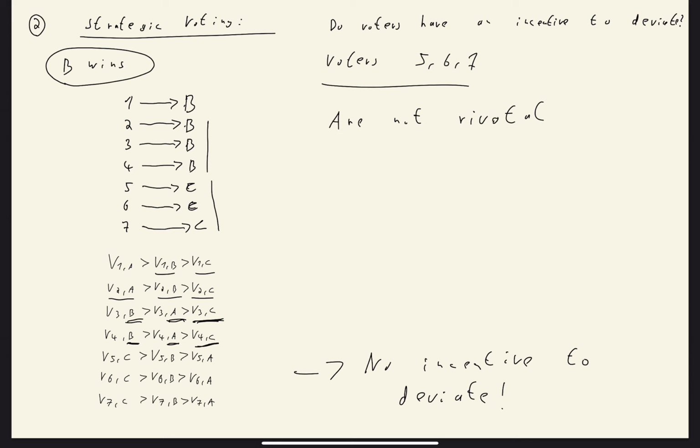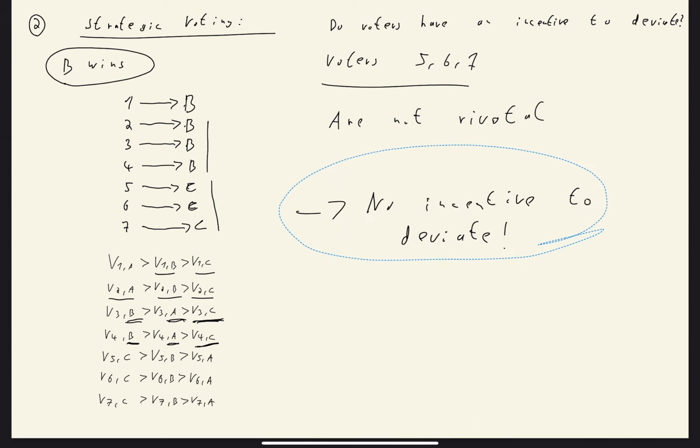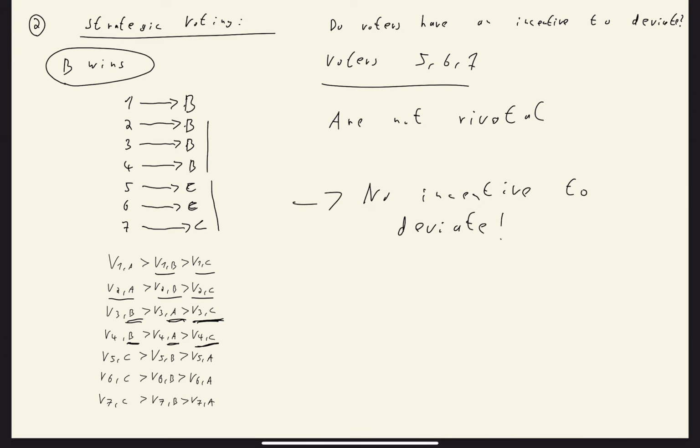They're not pivotal because if each of them individually would vote for either candidate A or candidate B, then they wouldn't change the outcome of the election, and hence they are basically indifferent and have no incentive to deviate. So we can simply use this answer here. They're not pivotal, and hence this should be a P here.